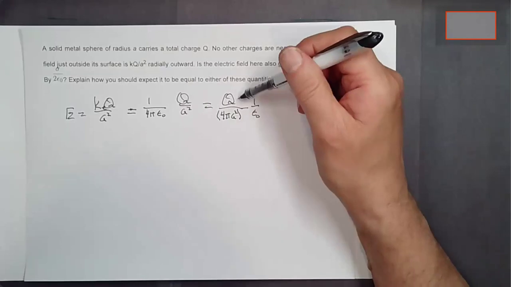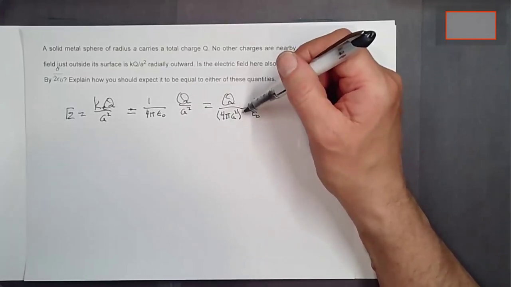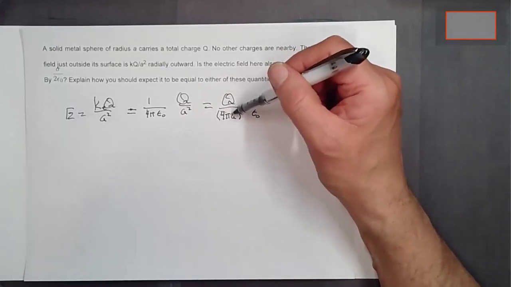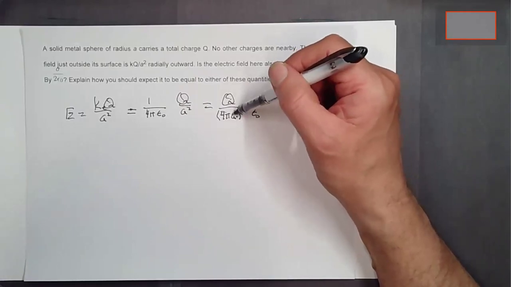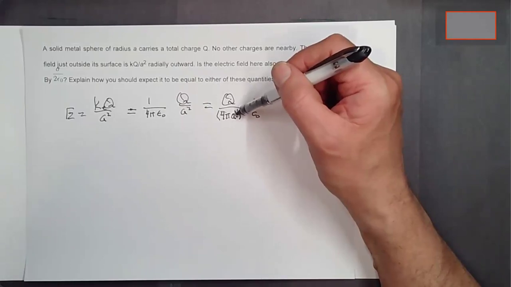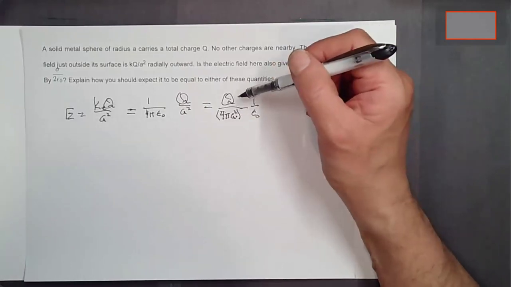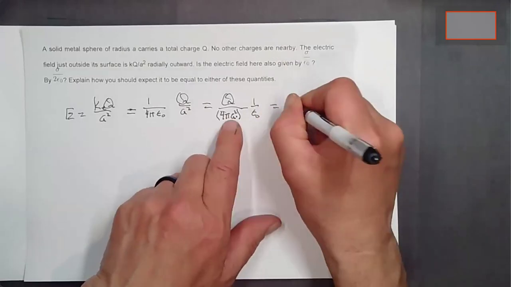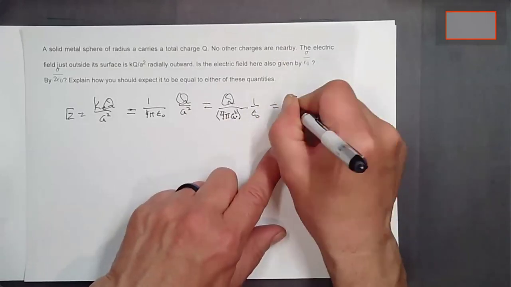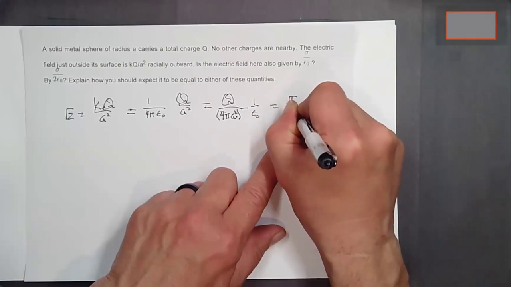Well, what's Q divided by 4 pi a squared? 4 pi a squared is the surface area of the sphere. Q divided by that is the surface charge density, which is sigma. And so this expression is equal to sigma over epsilon naught.